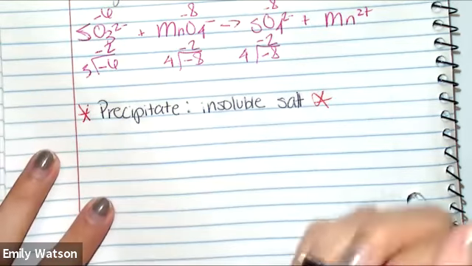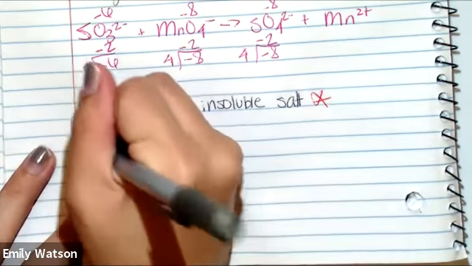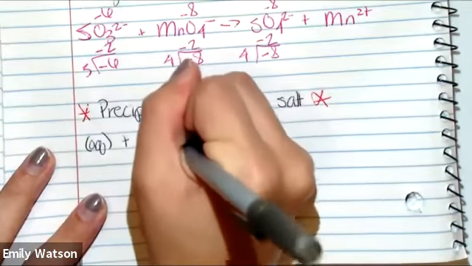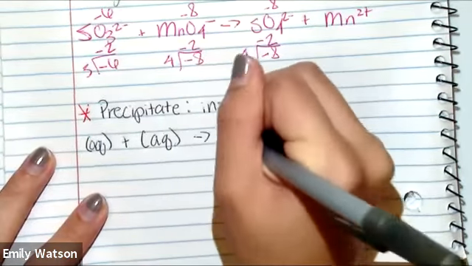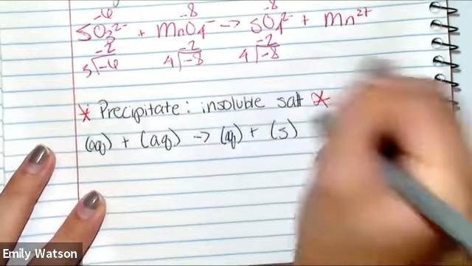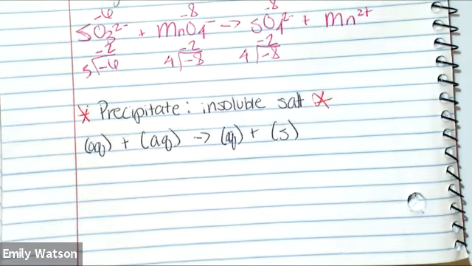So all it means is something aqueous plus something aqueous goes to something aqueous plus something solid. If you see all aqueous on the reactant side and a solid on the product side, you've got a precipitation reaction on your hands.